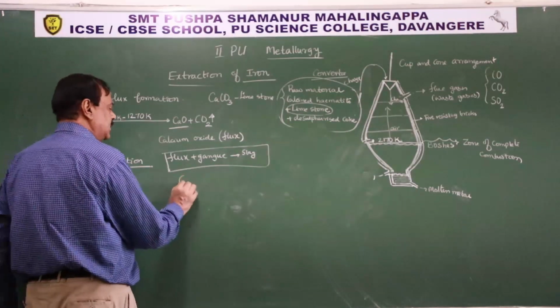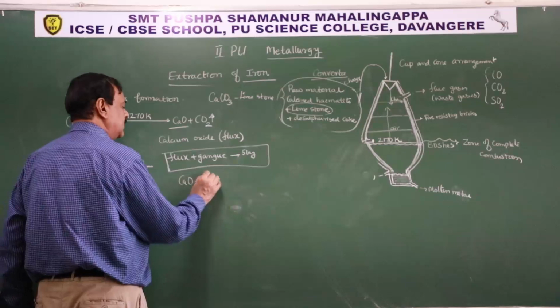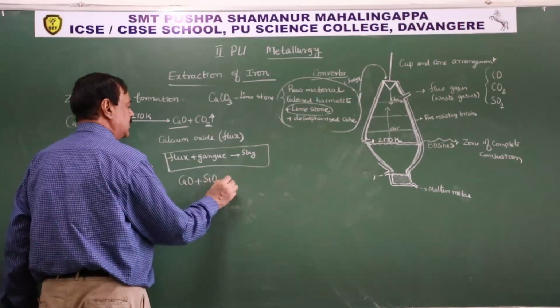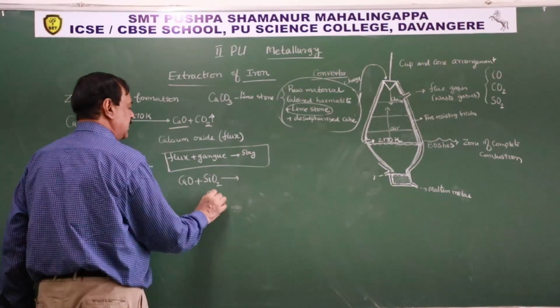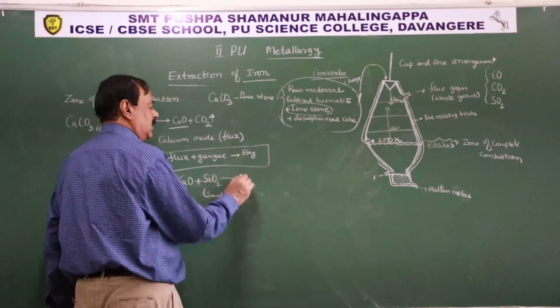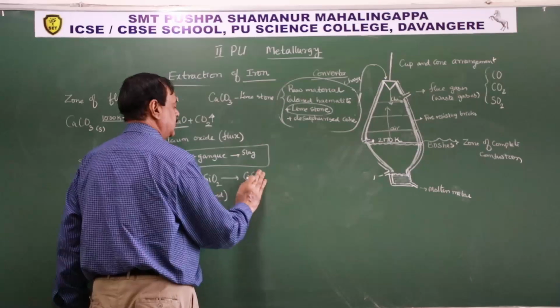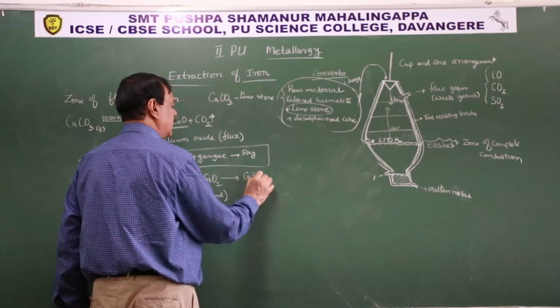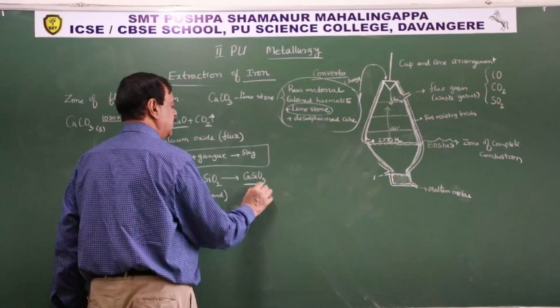Here calcium oxide is the flux and silicon dioxide, or sand, is the impurity associated with the hematite. Then it gives rise to calcium silicate slag. Calcium silicate is the slag.